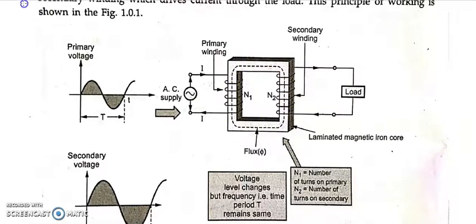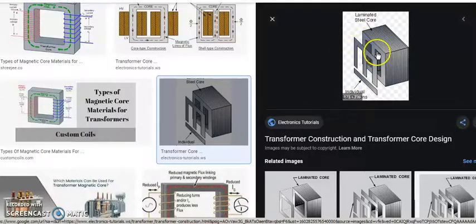You can see this is the magnetic core, maybe shell or core type, whatever it is; don't bother about which type of transformer it is. You can see the laminations, E as well as I type, staggered with respect to each other tightly so that they ease the flow of magnetic flux through the core.